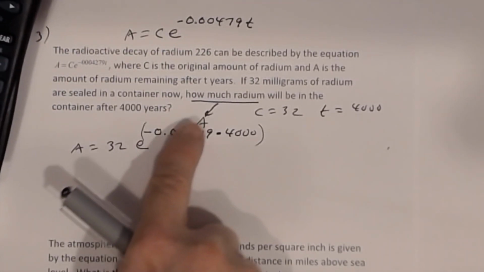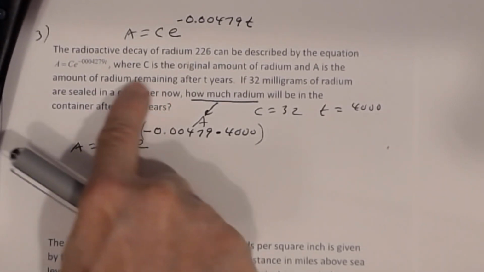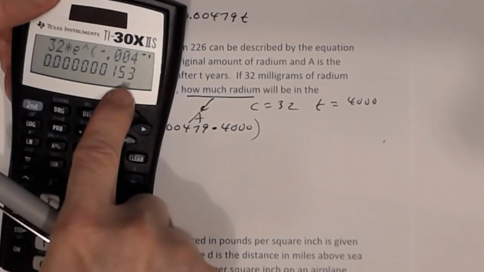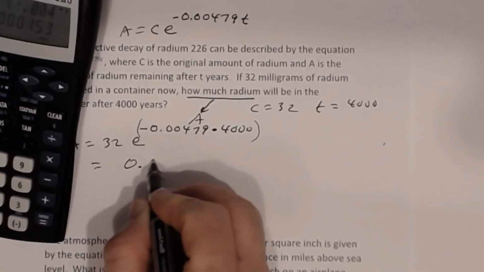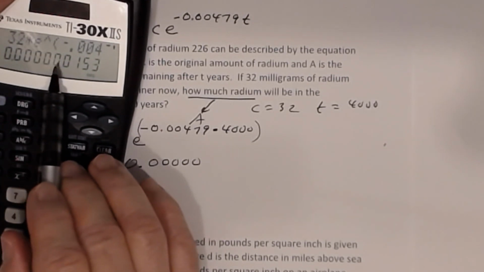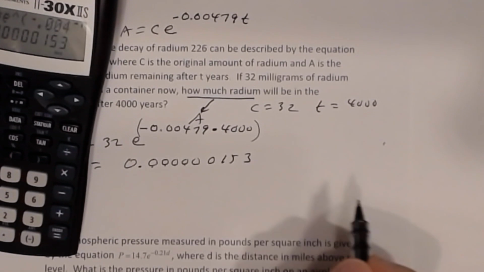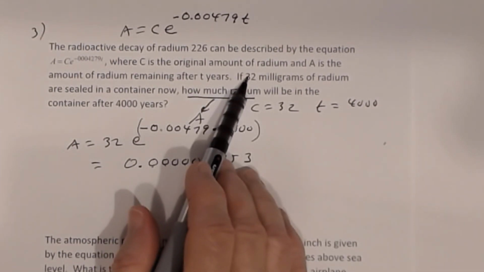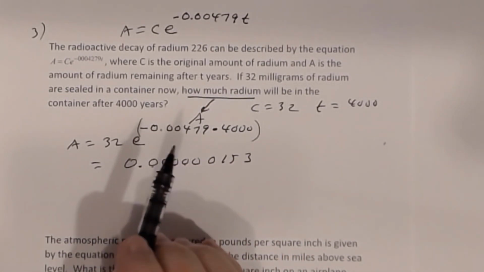So the amount of radium that will remain in the container after 4,000 years, you start out with 32, you're going to end up with this amount. All right, so it's going to be 0.00000, let's see, 1, 2, 3, 4, 5, 6, 1, 5, 3. Okay, so that's the amount of radium remaining. So you went from 32 to this amount.